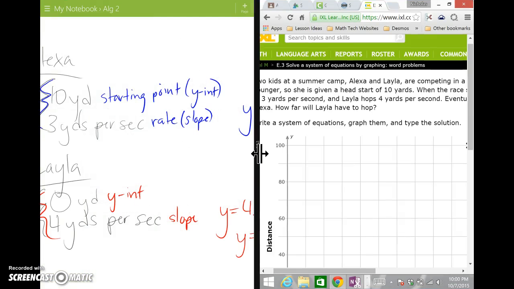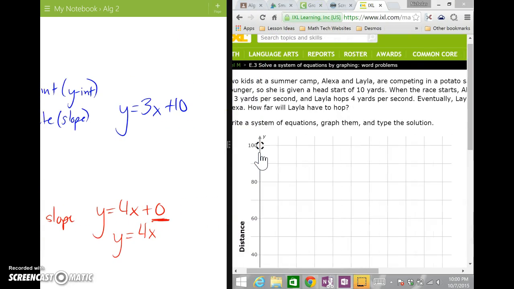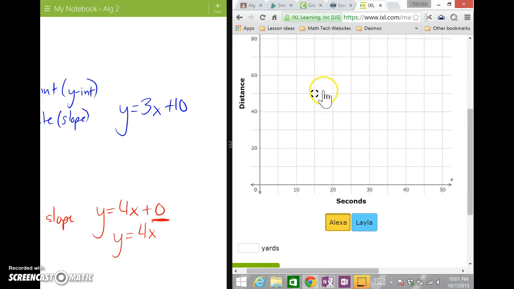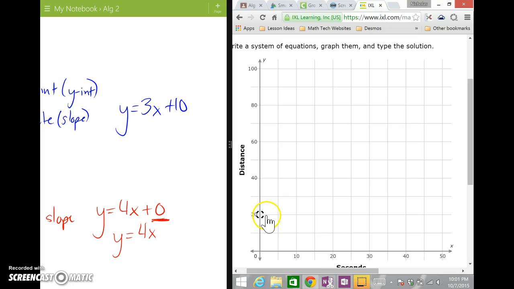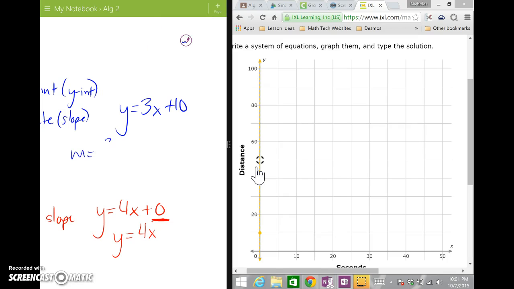So let's bring this back up. Here's our equation, and let's go ahead and graph it. First we're going to start with Alexa. Alexa started at 10, and her rate is 3 over 1. But remember, just like the last video, this graph goes by tens, so I need to adjust her slope in order for it to fit on this graph.